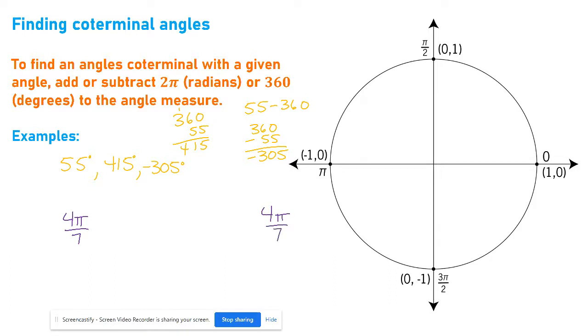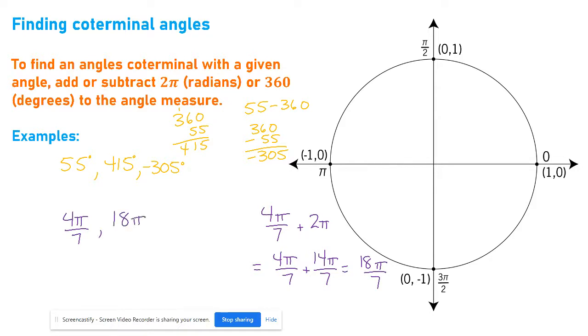If I take 4 pi over 7 and add 2 pi, I need to make 2 pi into a fraction with a denominator of 7. That becomes 14 pi over 7. Adding those together, I get 18 pi over 7. So that's a coterminal angle.